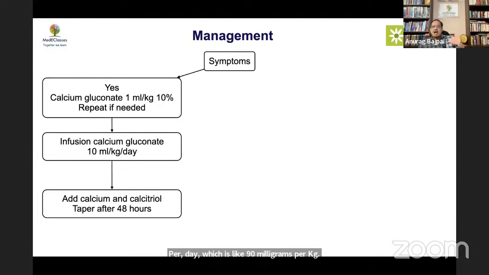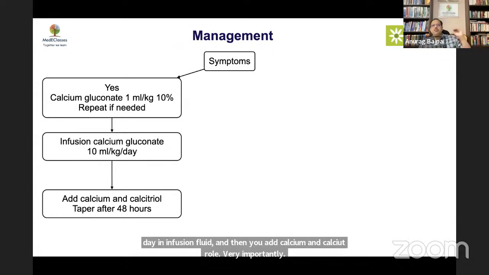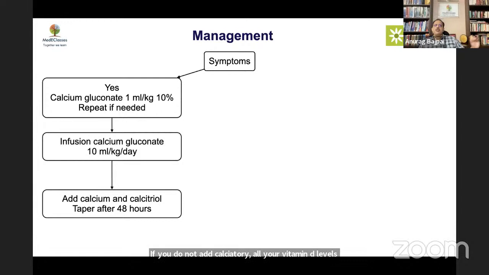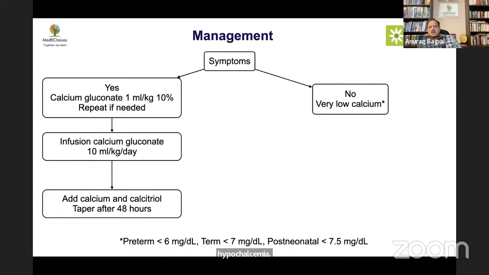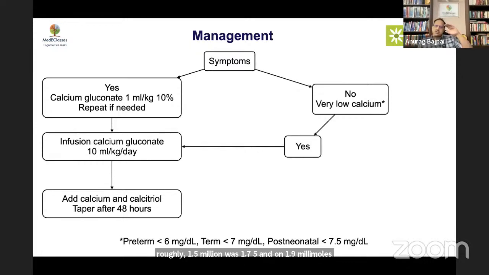And then you add calcium and calcitriol. Very importantly, if you do not add calcitriol, your vitamin D levels will not build, and once you stop infusion, you will develop hypocalcemia. Now, if there are no symptoms, but the calcium levels are very low, and we have mentioned that as preterm below 6, term below 7, and postneonatal below 7.5, roughly 1.5 millimoles, 1.75, and around 1.9 millimoles per liter, in that scenario, you should start with infusion.